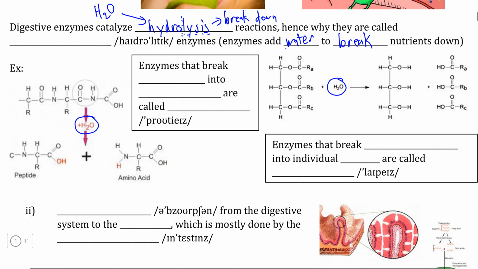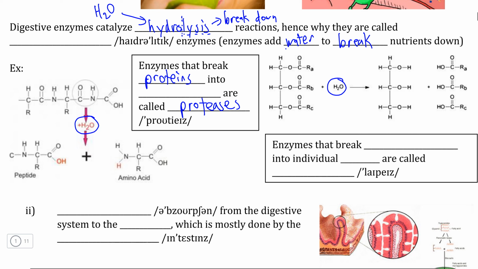For example, if we take a look at the reaction on the left, this is done by a family of enzymes which are what we call your protease enzymes. From the beginning of this word, we can infer that these are enzymes that break down proteins from your food, such as the proteins you get from meat or egg white or certain vegetable protein products if you are a vegetarian.